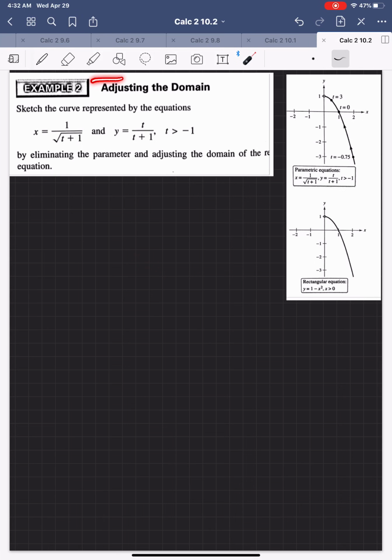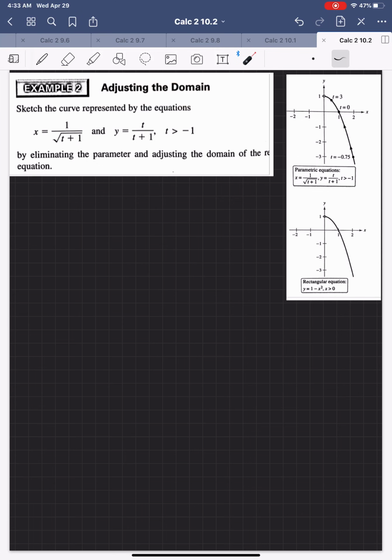But I'm telling you that you have committed an error if you don't adjust your domain. I don't care about all the other wonderful work that you've done, eliminating parameters or parameterizing. All that stuff is irrelevant if you don't adjust the domain when you go from one coordinate system to another.